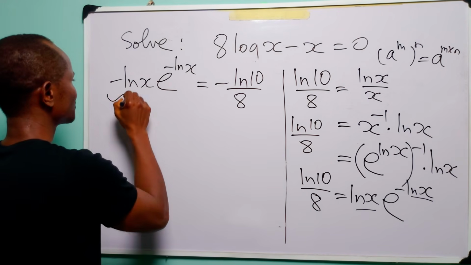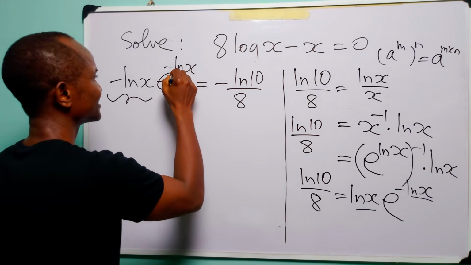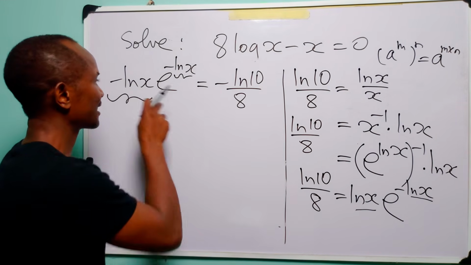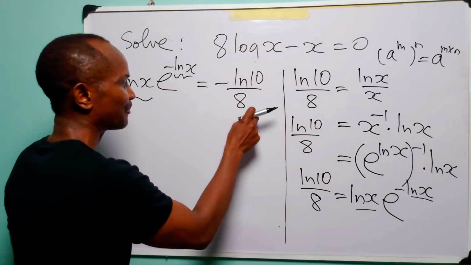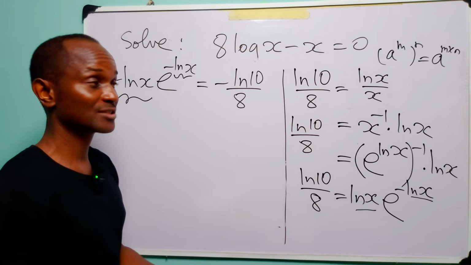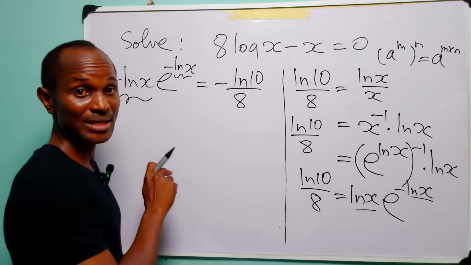Now, notice that what you have here is exactly the same as what you have in the exponent of e. So now we can comfortably apply the Lambert W function to both sides of this equation. But before we do that, we need to use our calculator to evaluate this.